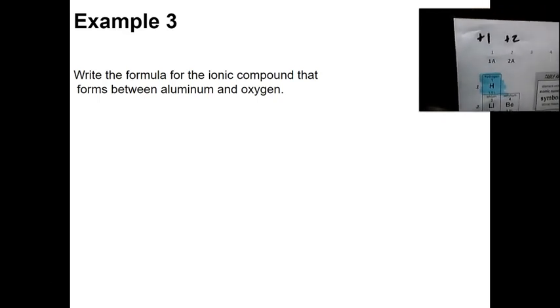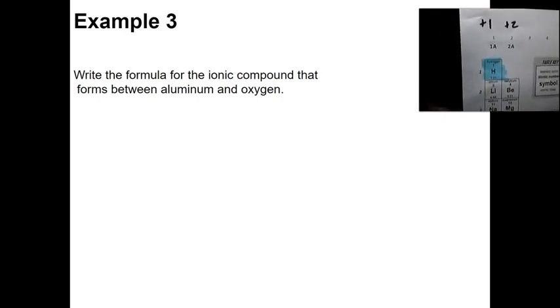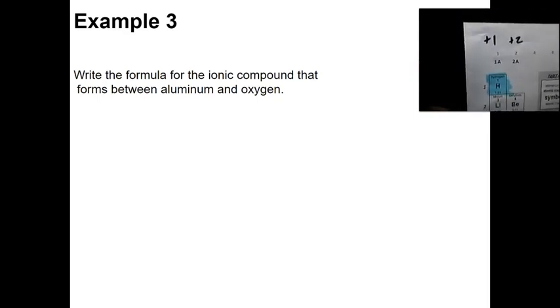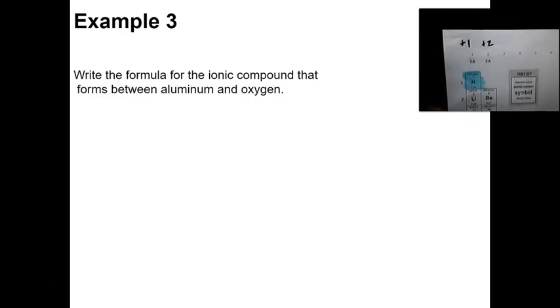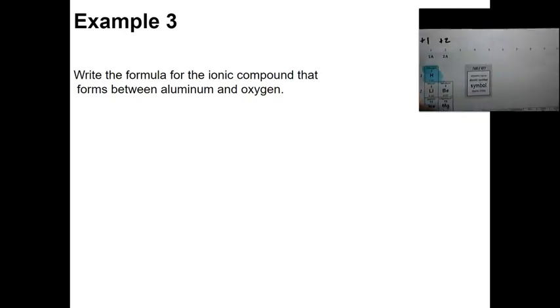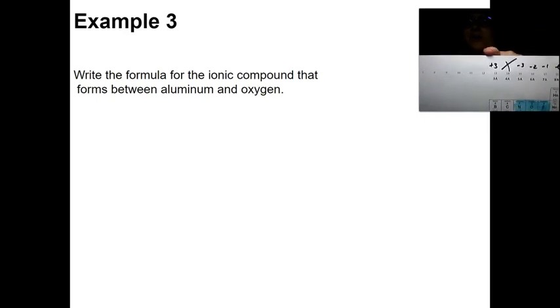So I have group 1A. I put a +1 at the very top. All the elements in group 1A form a +1. Group 2A is a +2. Follow it across. You see, group 3A is a +3. Group 4A does not form ions usually.